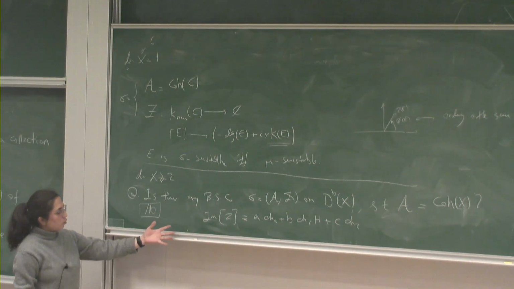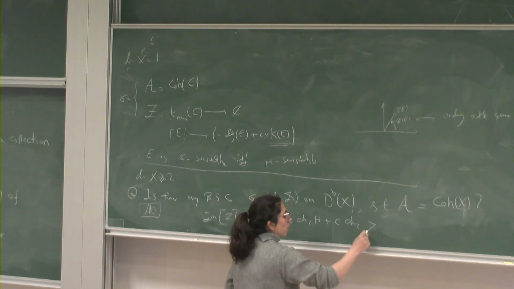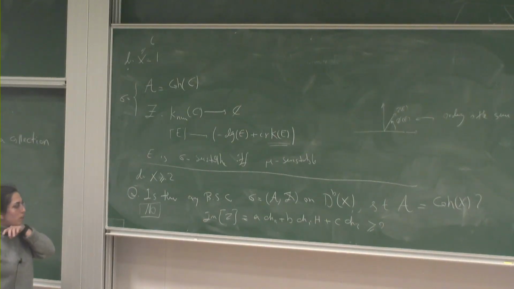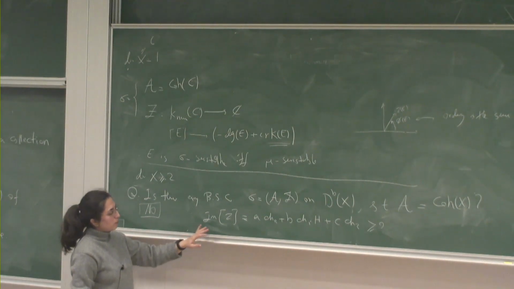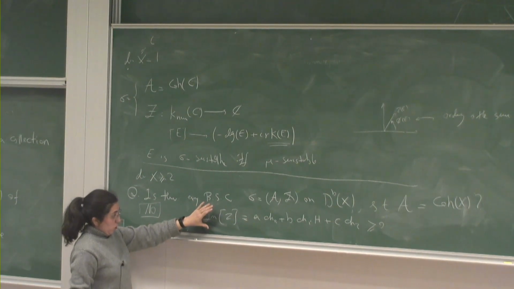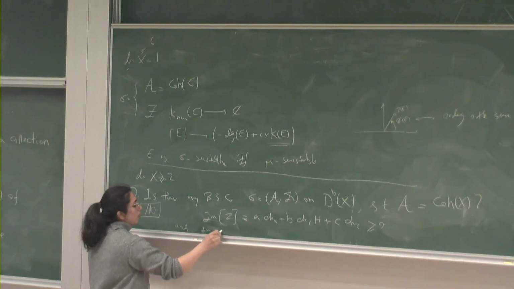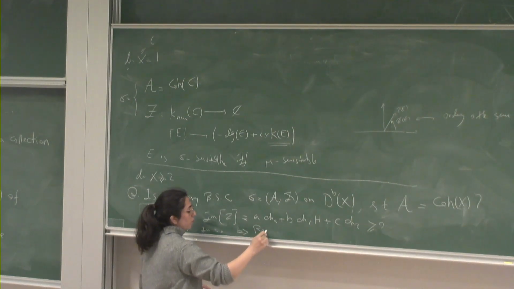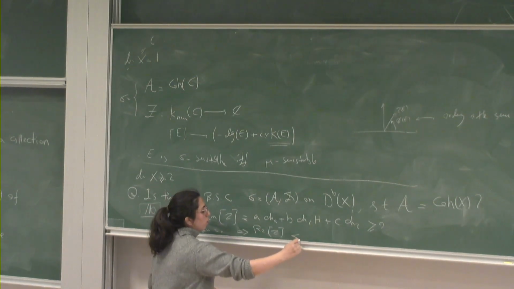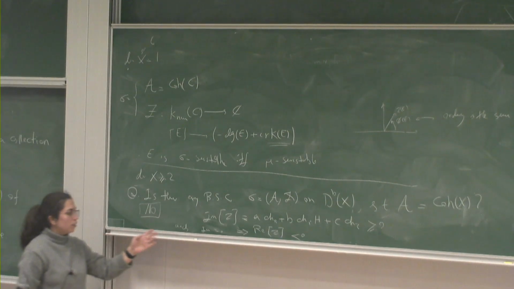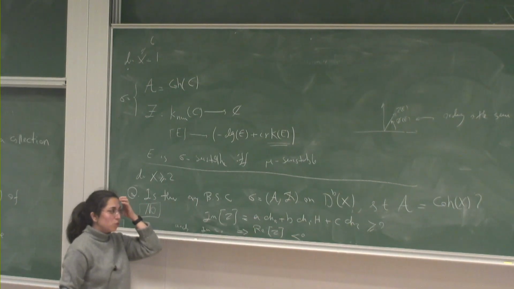But I want this imaginary part to be non-negative for any coherent sheaf on X. And the other condition is that if this imaginary part is 0, then the real part must be negative. These two conditions cannot be satisfied together for any linear maps of ch_0, ch_1, and ch_2.